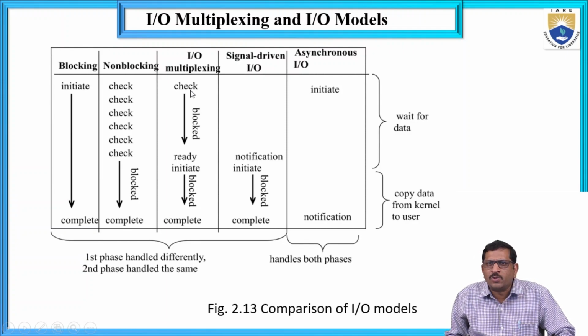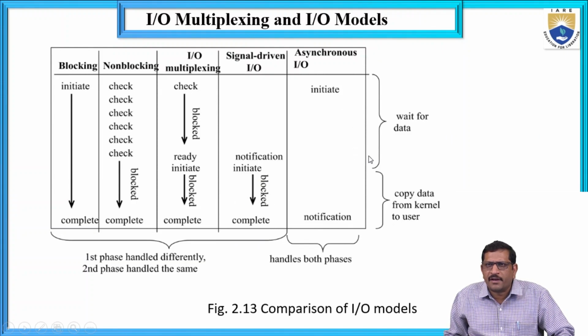IO multiplexing also checks for data availability and blocks. If the datagram is ready, it initiates and completes the process. For signal driven, a notification is initiated. If there are any blocks, they are blocked, and then the process completes.